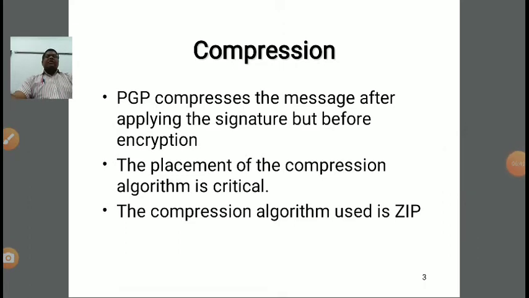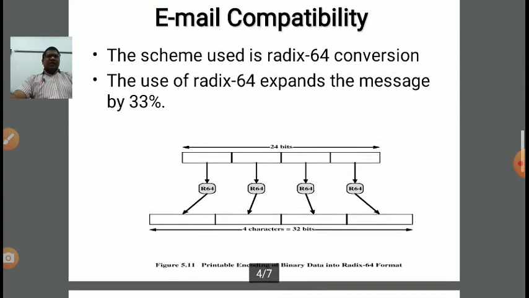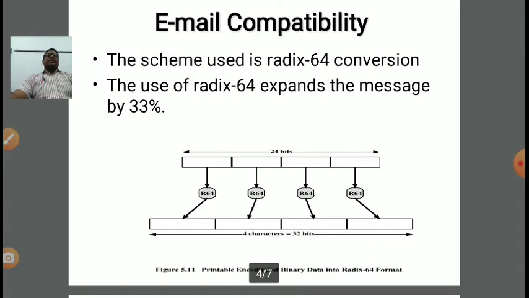Now the placement of the compression algorithm is very critical, means the placement of compression plays a vital role in the PGP protocol. The compression algorithm used is ZIP. The ZIP algorithm is used for compressing the message, right? Now the next concept is email compatibility. Suppose our email is in a different format.